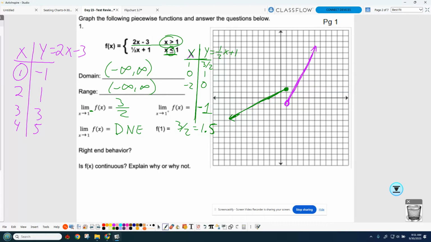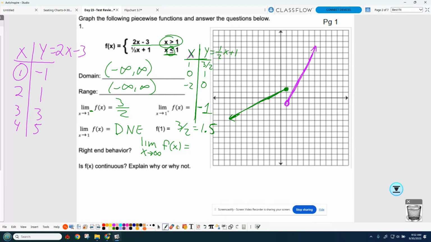Jasper, how would I write right end behavior? As x approaches positive infinity, f of x approaches where? Where's the y value going?